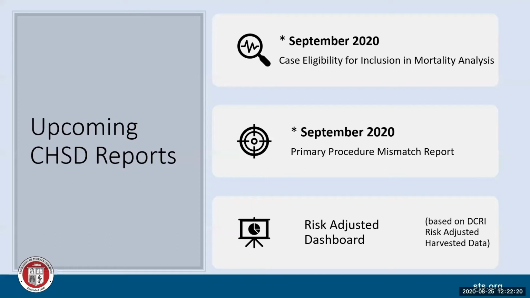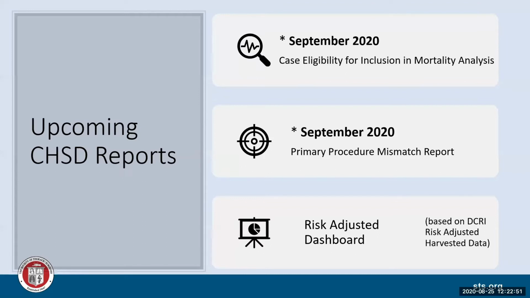And then, of course, once we do the harvest close and the data is sent to DCRI, they will conduct the analysis on the data and then return that information to IQVIA, and we will be presenting those results in a new dashboard report, which will be the new risk adjusted dashboard report. So that one is still going to be upcoming. So this slide will be updated the next time we go around.